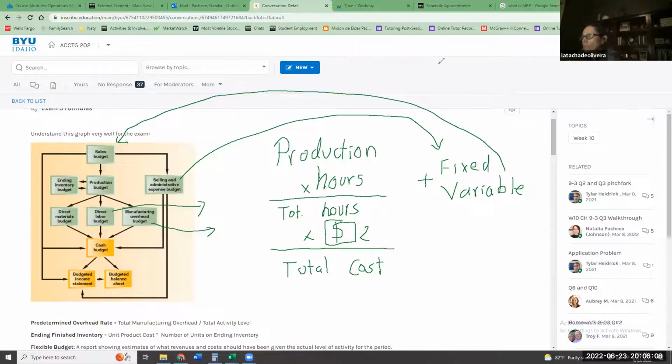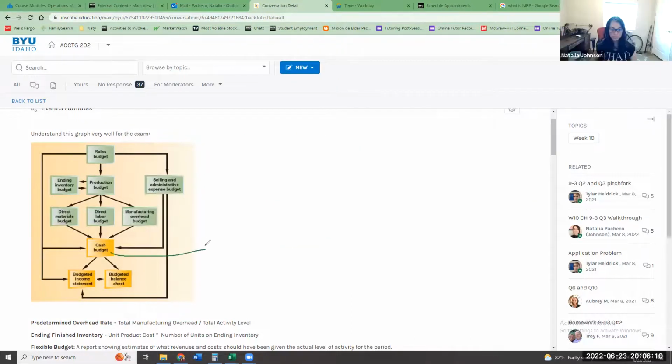Okay, and then for the cash budget, you have a beginning cash. Just think about it like this, where you have savings and then you got revenue. So you add this revenue and then you're going to subtract the expenses.